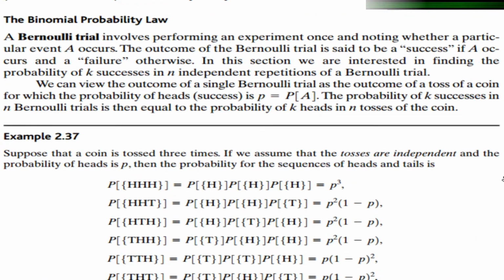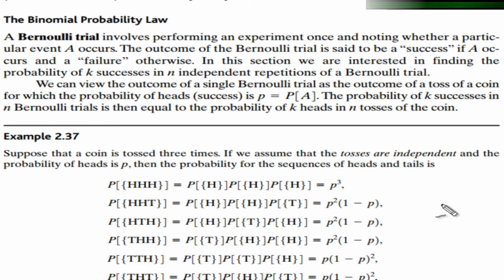So this is the binomial probability law. What is binomial probability law? Before diving deep into the binomial probability law, there is a term which is called Bernoulli trial. What is basically a Bernoulli trial? Suppose you are doing something, and there are 2 possibilities: you will be successful in doing that thing, or you will not be successful.